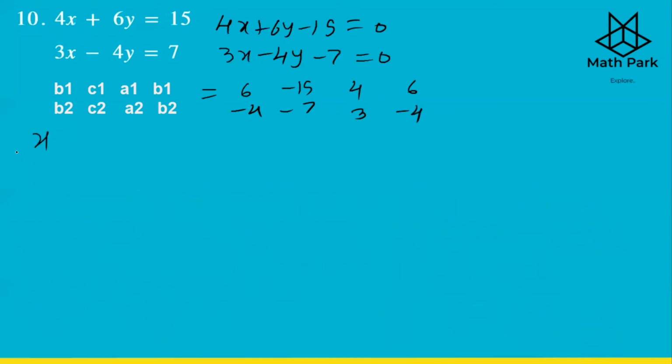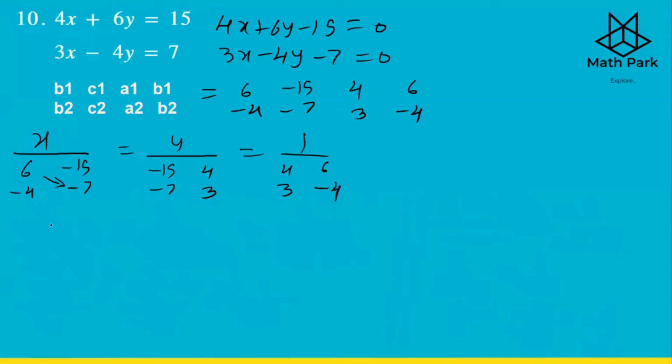So let us write x upon 6 minus 4 minus 15 minus 7 is equal to y upon minus 15 minus 7, 4 and 3 is equal to 1 upon 4, 3 and 6 and minus 4. Do the cross multiplication here. 6 into minus 7 is going to be minus 42 and 15 fours are 60.